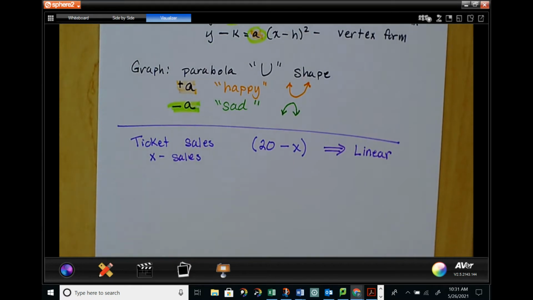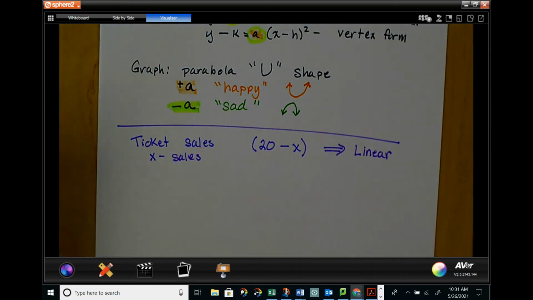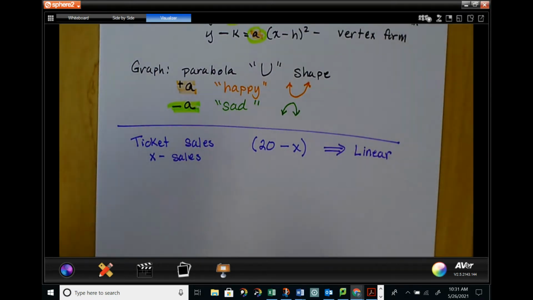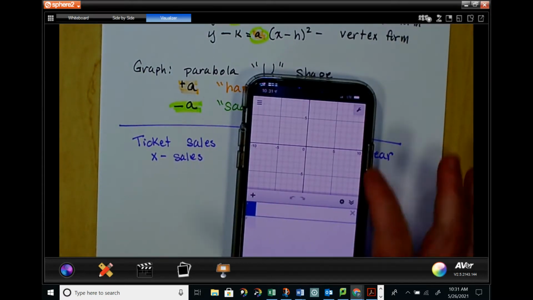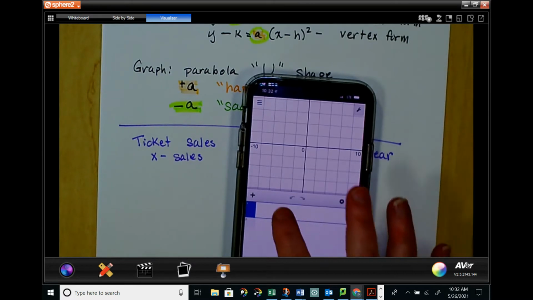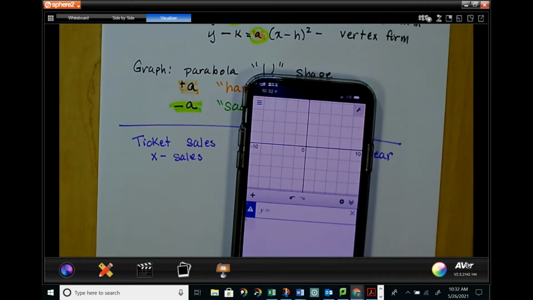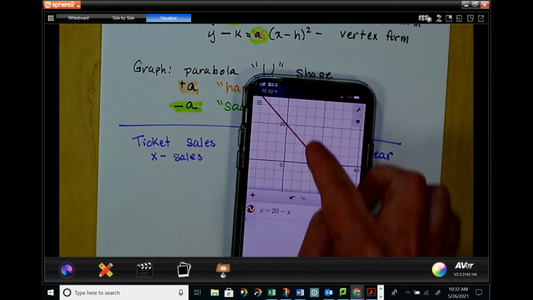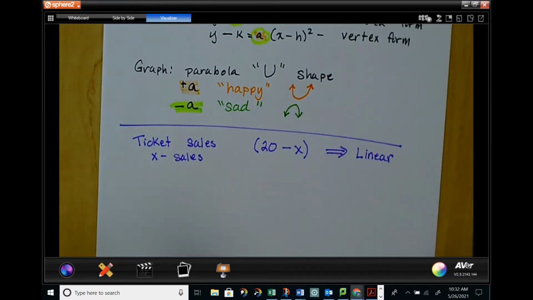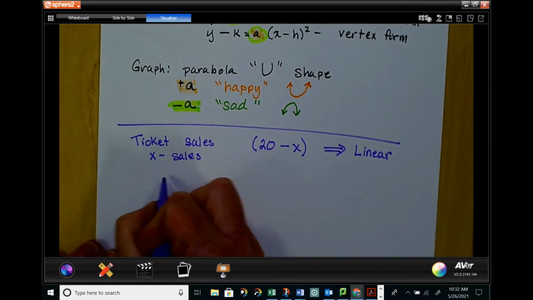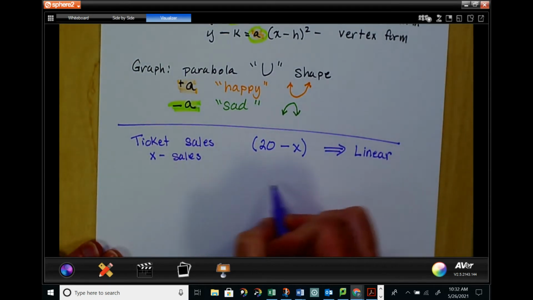If you have your friend Desmos and you type that function in, y equals 20 minus x, you will see that's your nice little linear function.